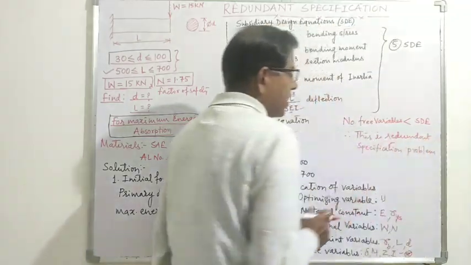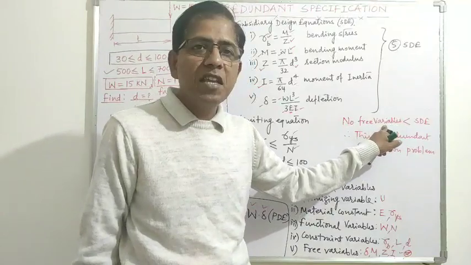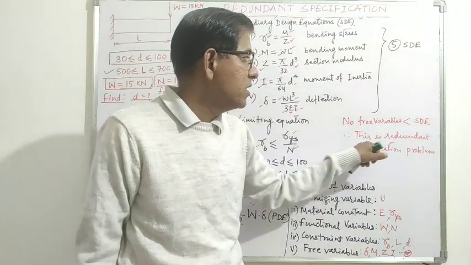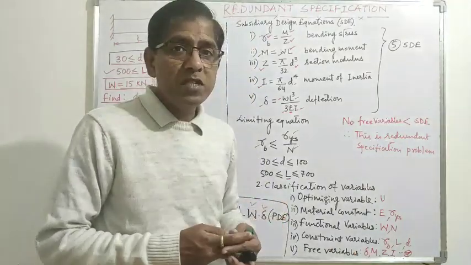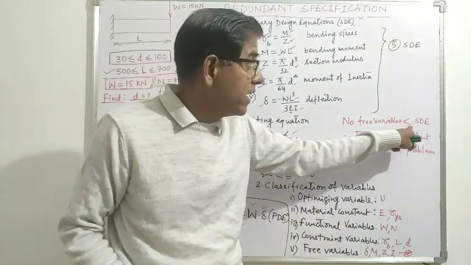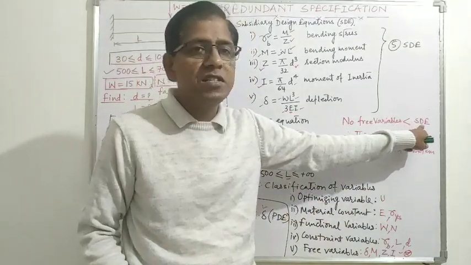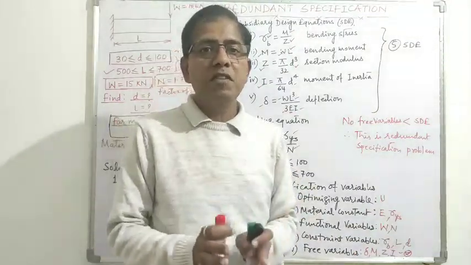So this statement will come here: since the number of free variables is less than the number of SDs, this is a redundant specification problem. In a normal specification problem, the number of free variables is either greater than or equal to the number of SDs. But in redundant specification, the number of free variables is less than the number of SDs.